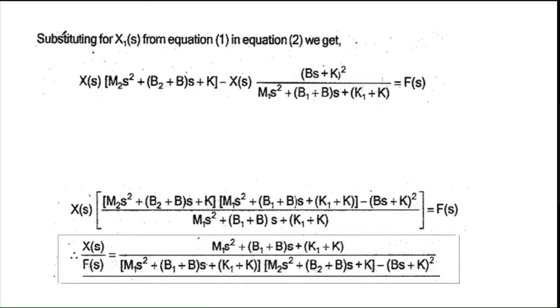So this becomes bs plus k the whole square divided by m1s square plus b1 plus bs plus k1 plus k, equal to f of s.